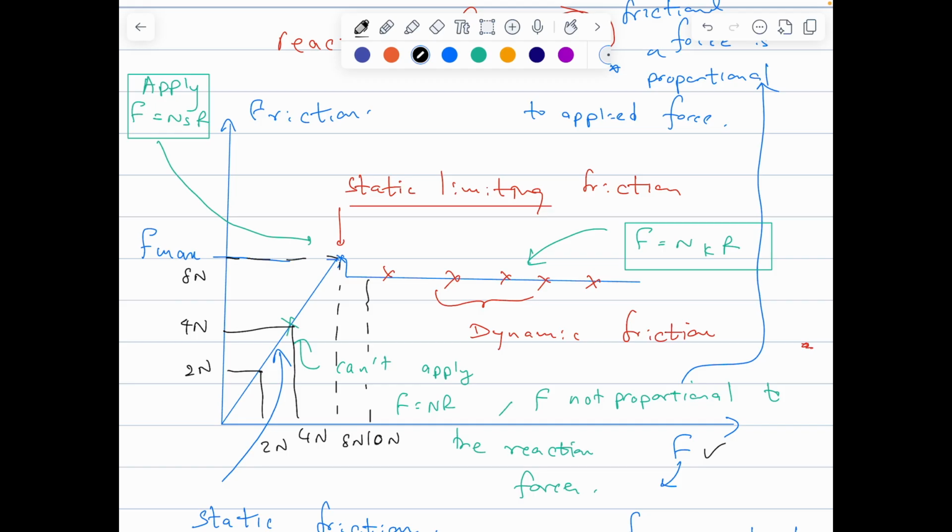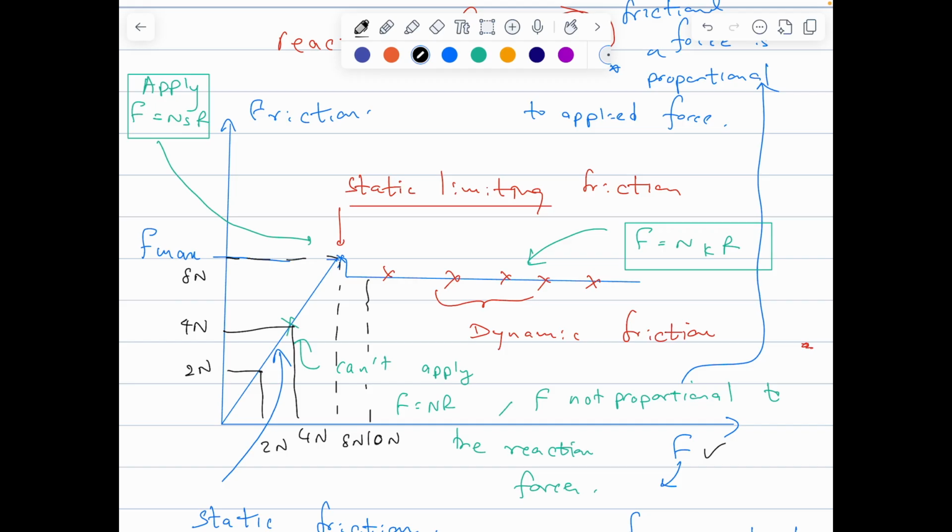So before dynamic friction, there was this self-adjusting stage of friction where according to the force that I apply, friction is also going to have the same force value. But as we understood before, friction has a maximum possible value. And the maximum possible value of friction is called the static limiting friction. Right?